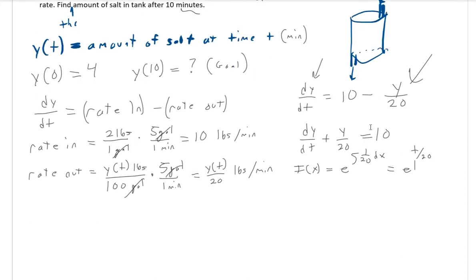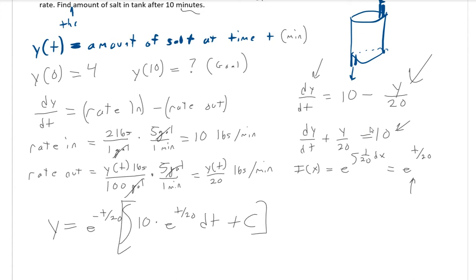Then we have our equation, using the solution from linear equations: 1 over I, so e to the negative t over 20, times the integral of b(x), which is 10 times e to the t over 20, which is I, dt, plus c. Remember that the plus c is also going to be multiplied by this.